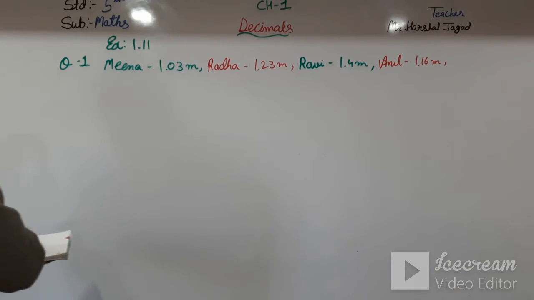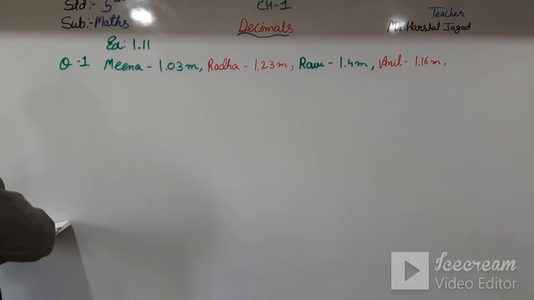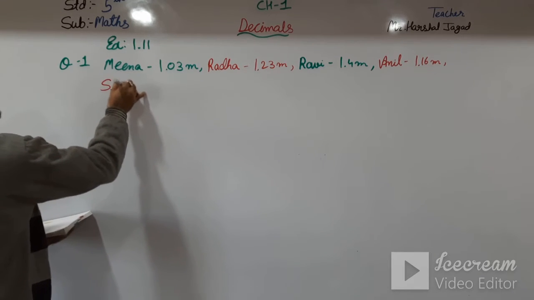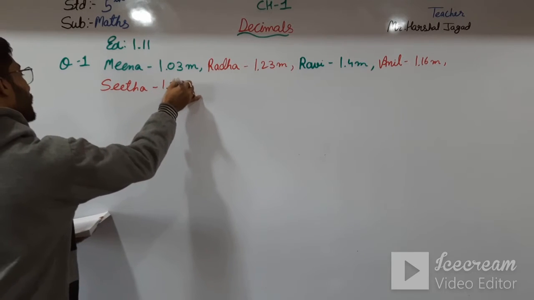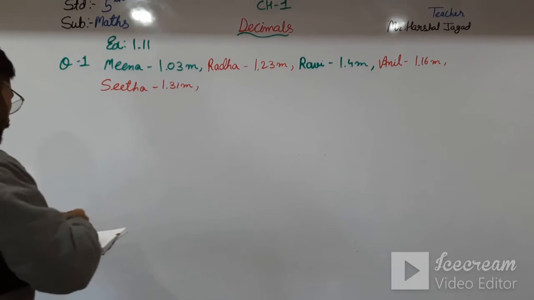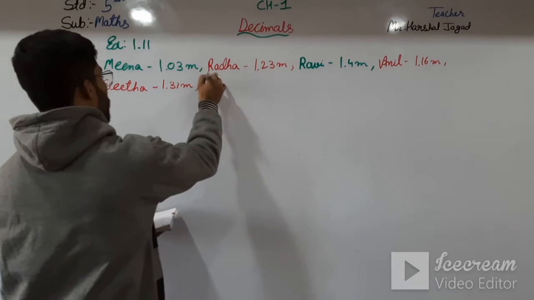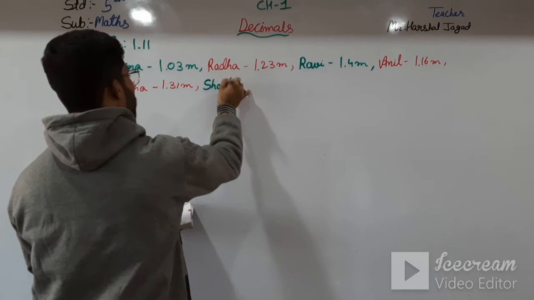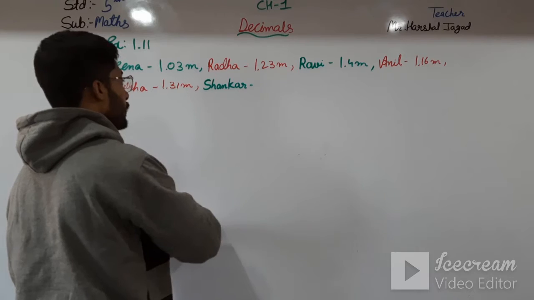Sita, that is 1.31 meter. Shankar, that is 1.27.